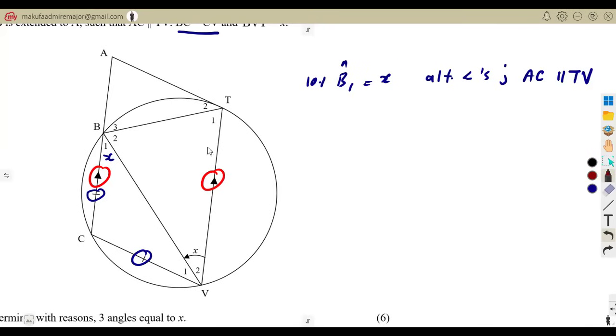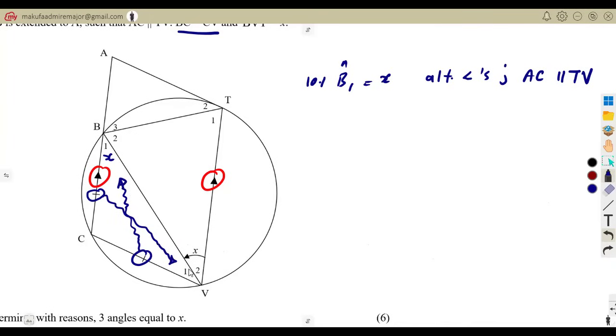Another angle equal to X is which angle? All right, they told us here about sides which are equal, this BC and this CV, from B to C and from C to V. Remember that if two sides are equal, the angles opposite those sides must be equal also.